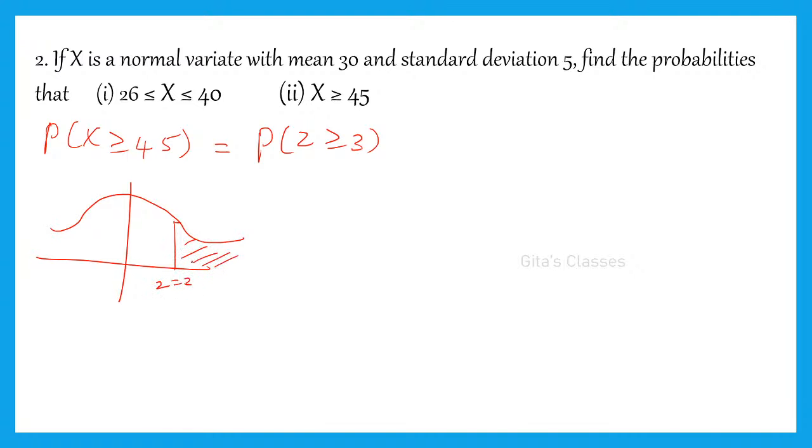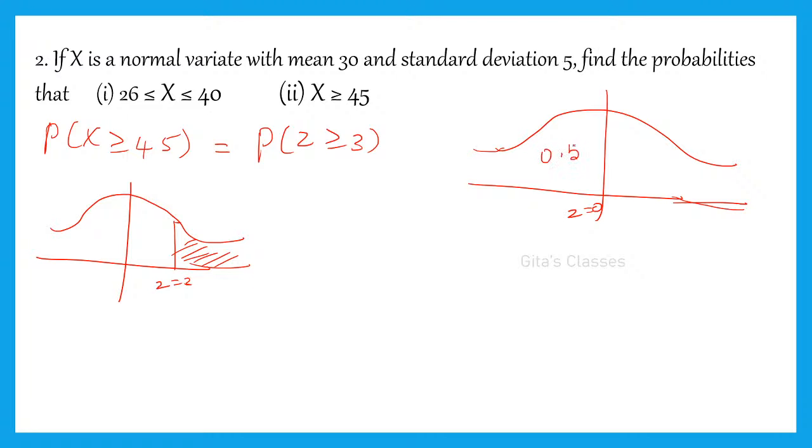This is our required region. And one more thing you have to remember, the entire area is 1 and z equal to 0, or x equal to mu, divides the entire area into 2 equal parts. Therefore, these two areas are 0.5 and 0.5.